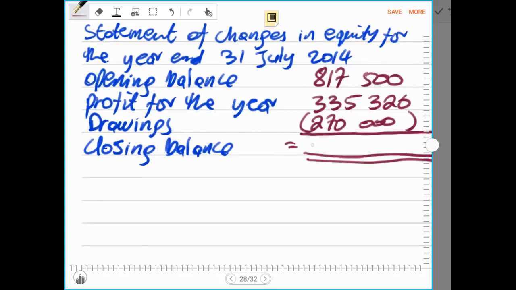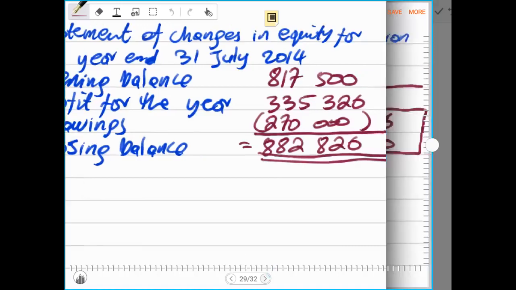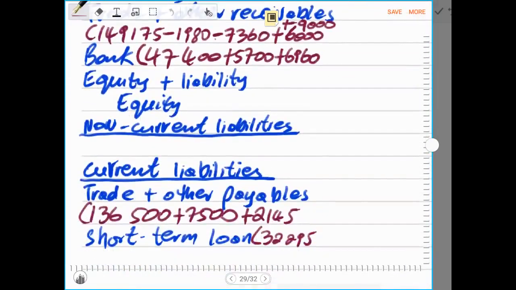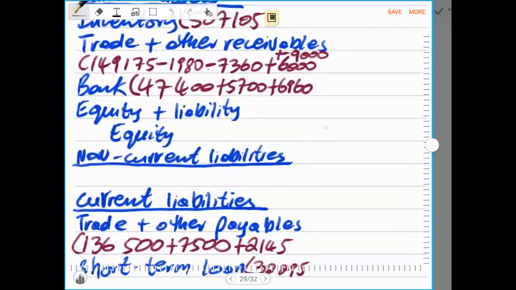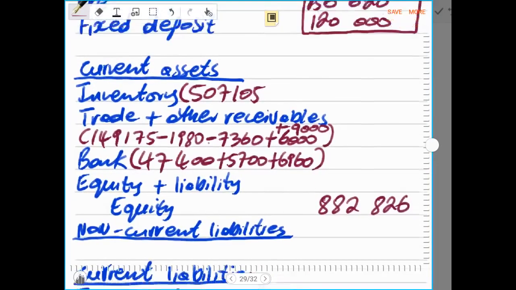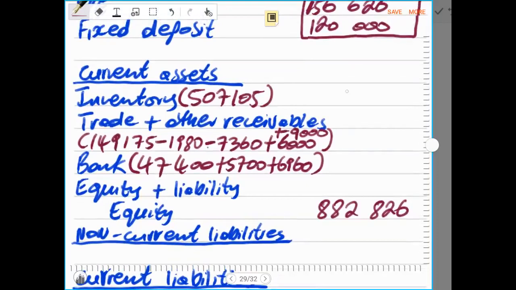Then from there, we can have the closing balance of our statement of changes in equity, and that closing balance will be 882,826, and this amount will go straight to our statement of financial position under equity as 882,826. Therefore, now we have to totalize our trade receivables, our bank, and our inventory, and for inventory there was no entry, so we can just record that inventory as it is, 507,105.